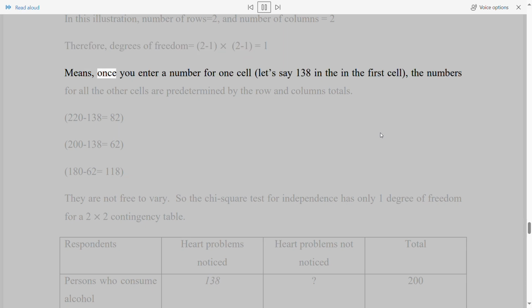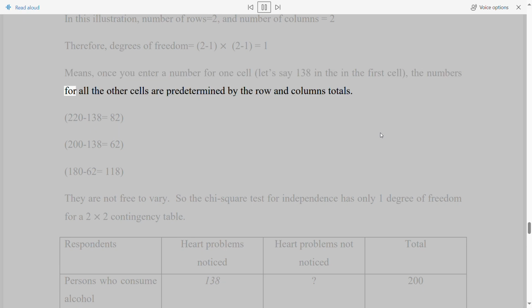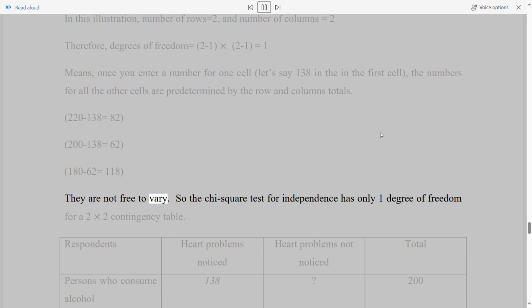This means that once you enter a number for one cell, let's say 138 in the first cell, the numbers for all the other cells are predetermined by the row and column totals. 220 minus 138 equals 82. 200 minus 138 equals 62. 180 minus 62 equals 118. They are not free to vary. So the chi-square test for independence has only one degree of freedom for a 2 times 2 contingency table.